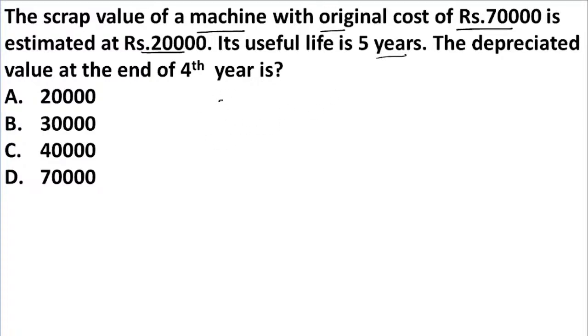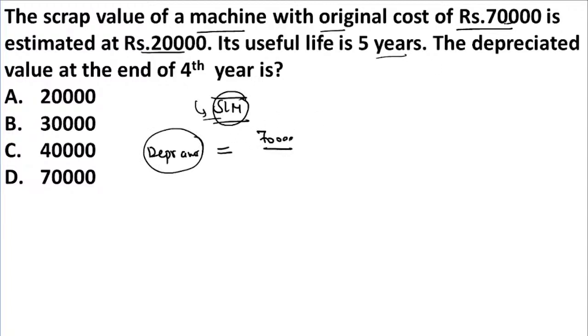So this is a question of the straight line method. If no method is mentioned in the question, just use the straight line method. Now what we have to do, because of how we calculate the depreciation amount: total cost of the machine, which is given as 70,000 rupees, minus scrap value, 20,000, divided by 5.